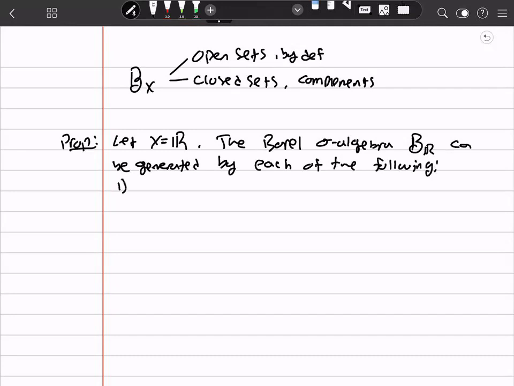So we have a couple of generating sets for our sigma algebra.